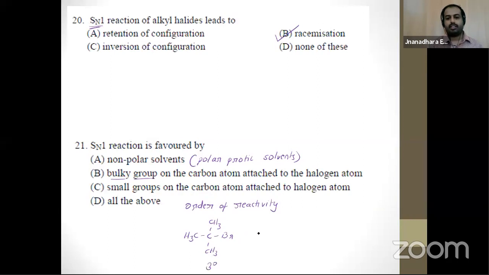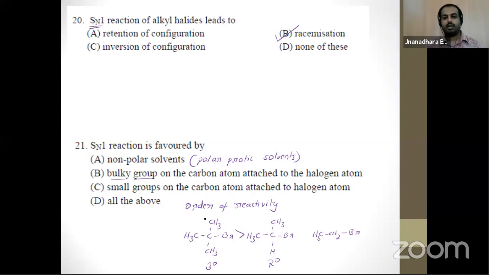This is secondary, CH3CHBrCH3. This is primary, CH3CH2Br. Please observe which is more reactive?